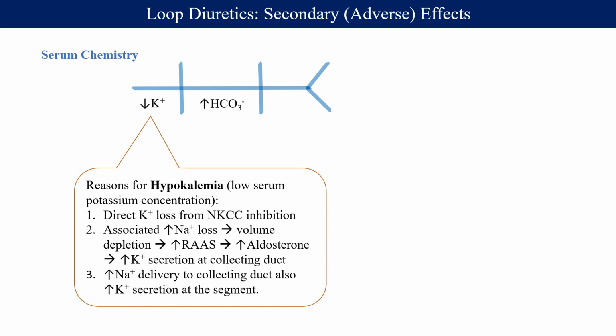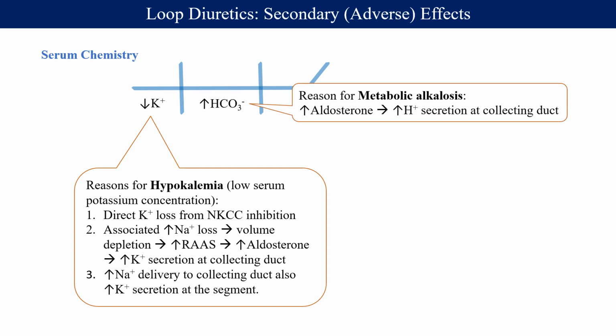Metabolic alkalosis, as evidenced by a high serum bicarbonate concentration, can also be seen. This is due to the associated activated RAS system. In addition to potassium secretion, aldosterone also increases hydrogen secretion at the collecting duct.